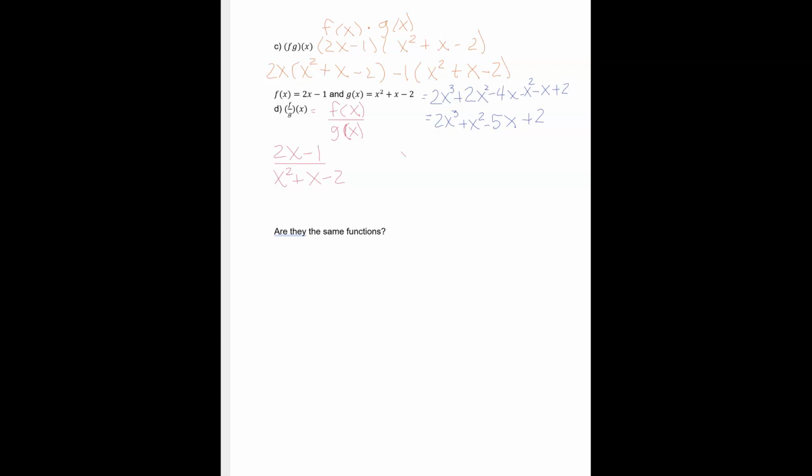So let's factor our x squared plus x minus 2. Set this not equal to 0 because we're going to have to find our domain. So we have factors of 2, opposite signs that are going to subtract to give us 1. So x squared tells us that there's 2 x's.